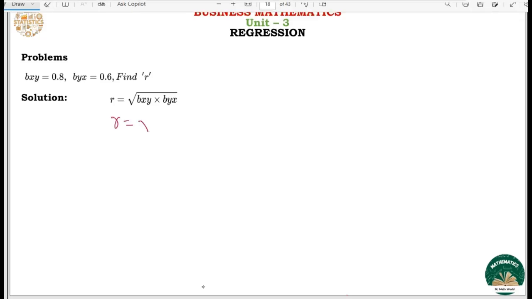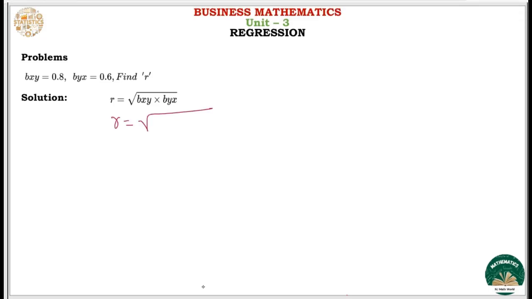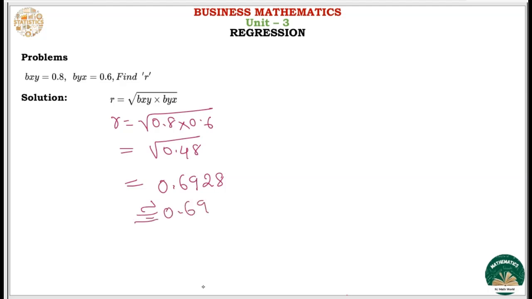R will be root of 0.8 into 0.6. If you multiply 0.8 into 0.6, we get root of 0.48. If you find the root of 0.48, you get approximately 0.693. So r is 0.693 for the given problem.